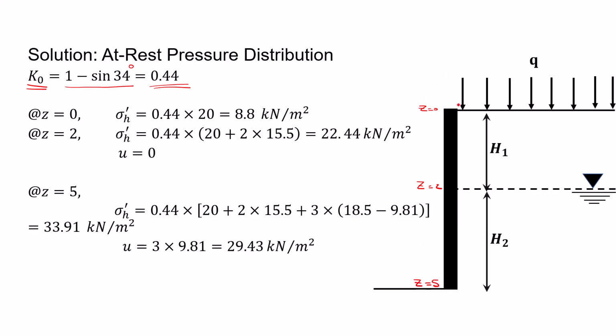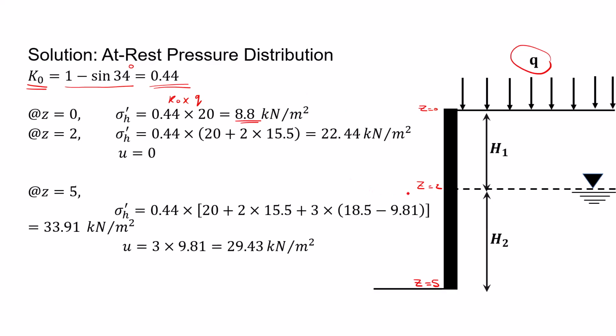At z equal to 0 we only have the surcharge load, and since this is a distributed surcharge, we just need to multiply K0 by this surcharge. So it would be 0.44 times 20, which is 8.8 kilonewton divided by meter squared.